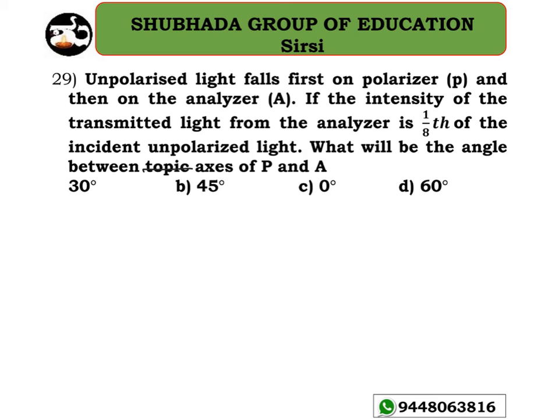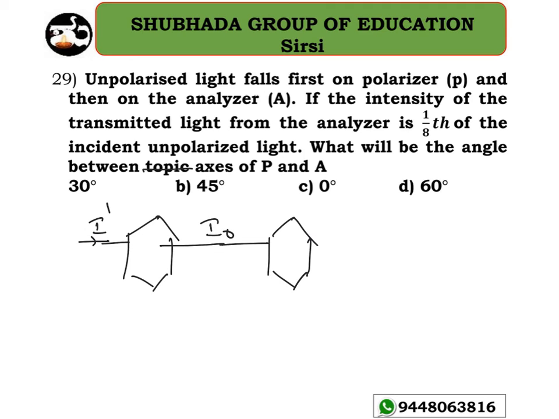So let me take the intensity of the incident light as I dash. Let me take the intensity of light passing through the first polarizer as I naught, and the intensity of light passing through the analyzer as I here.